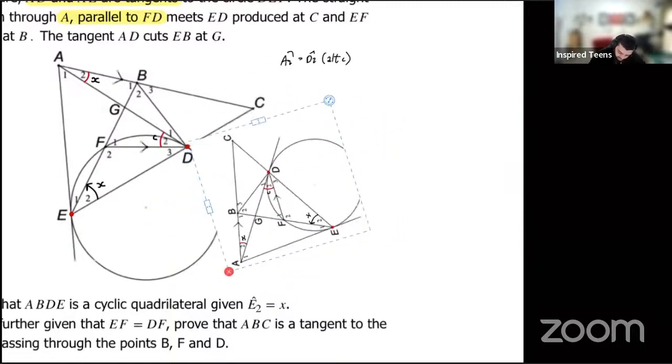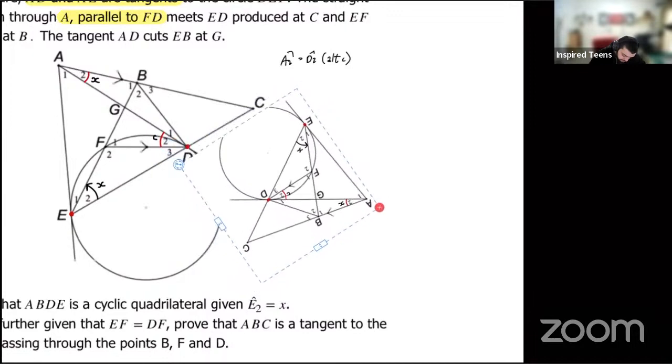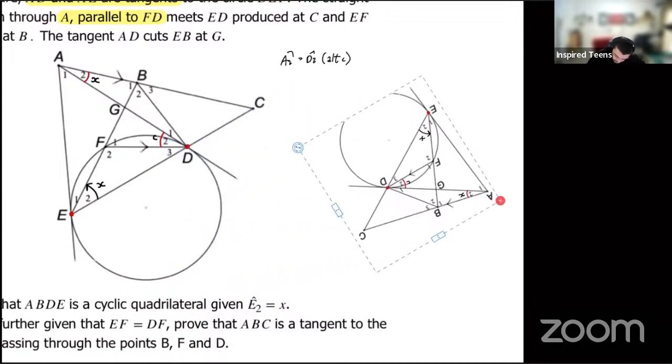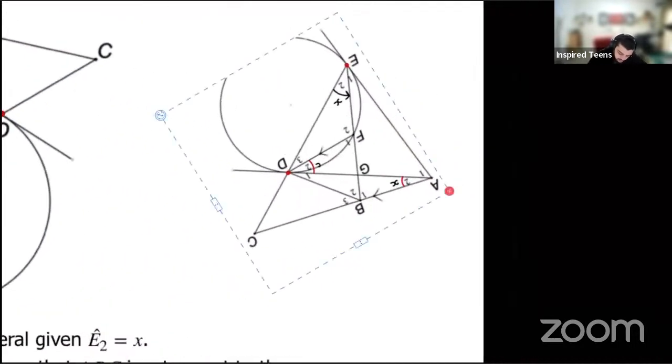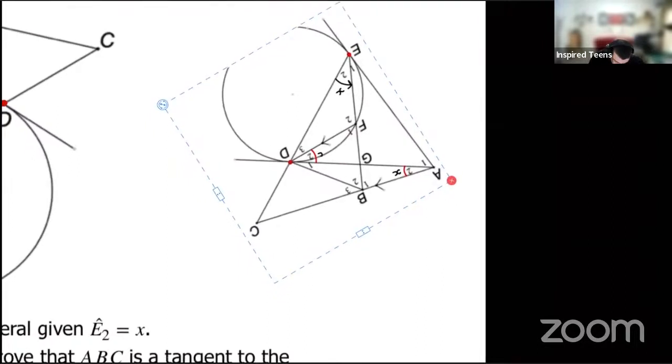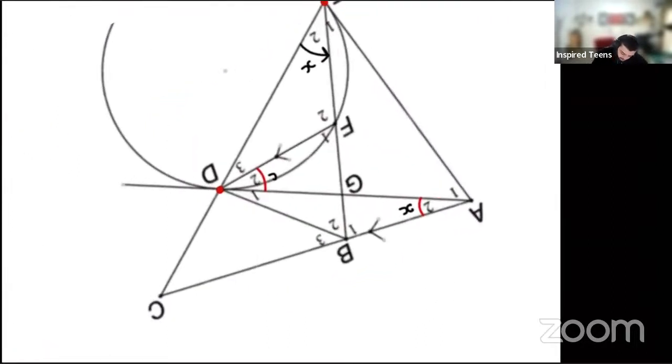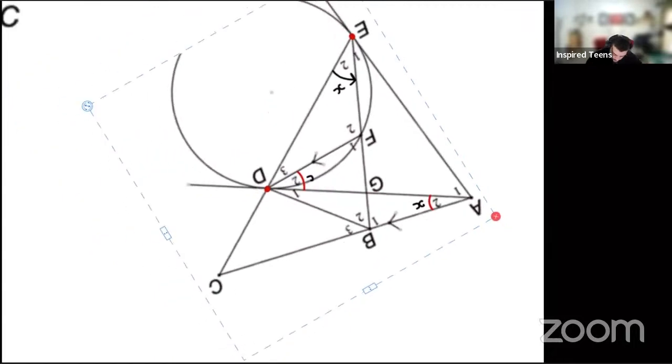Okay, if I turn it, always work with that same rule that you learned about the tangent chord theorem. The angle between tangent and chord is equal to the angle subtended by the chord. So here's your tangent. This thing is skewed.